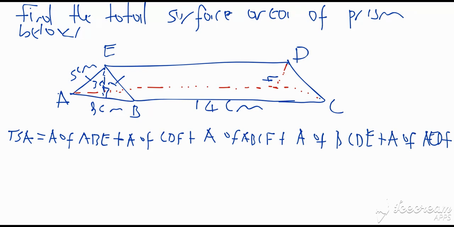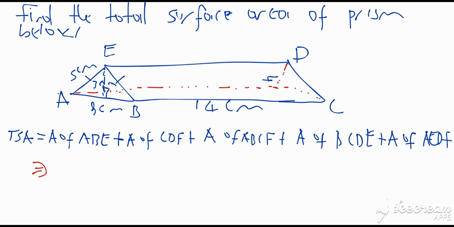All right. Now, starting with the triangular faces, we know that the area of a triangle is half base times height, which is a perpendicular height here. When I'm looking at the triangular face ABE, the base would be 8 and the perpendicular height as indicated in the diagram is 3.